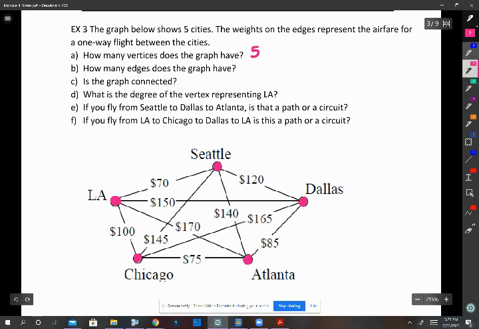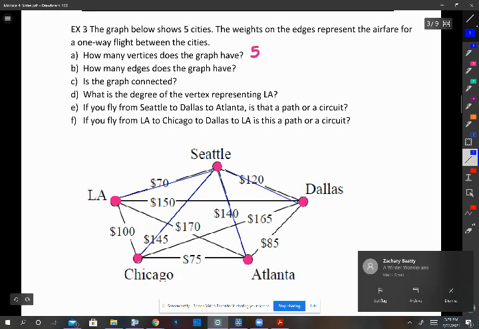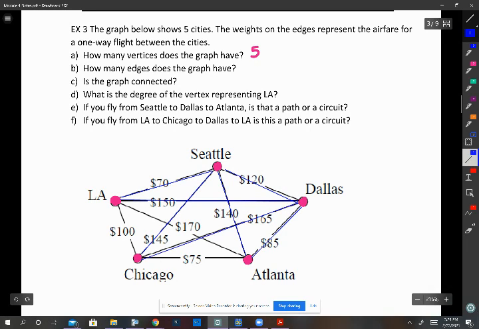So we would connect all the edges. When I'm connecting the edges, I have 1, 2, 3, 4, 5, 6, 7, 8, 9, and 10. So it looks like we have 10 edges.